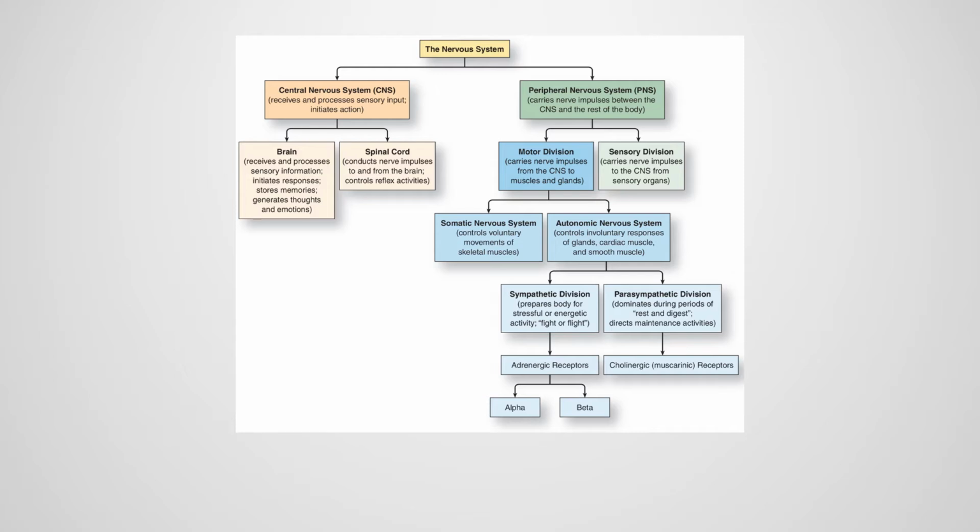And the peripheral nervous system has two functions. It either sends a signal from the brain to the periphery, such as a muscle or the heart or glands or the intestine, or to move your legs. So that's the motor division. It's trying to activate something or have you move, so it's carrying the impulse from the central nervous system to the muscles or the glands or whichever.